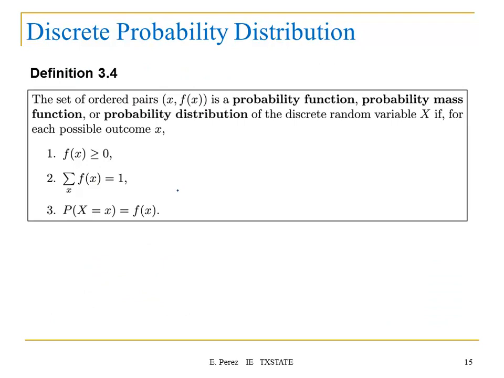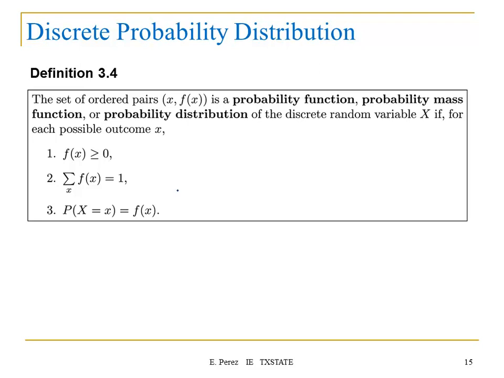Okay, so this is a more formal definition. It's coming from your textbook. So the set of ordered pairs, x and f(x), is a probability function, probability mass function, or probability distribution of the discrete random variable x if for each possible outcome x, we have these three conditions satisfied.